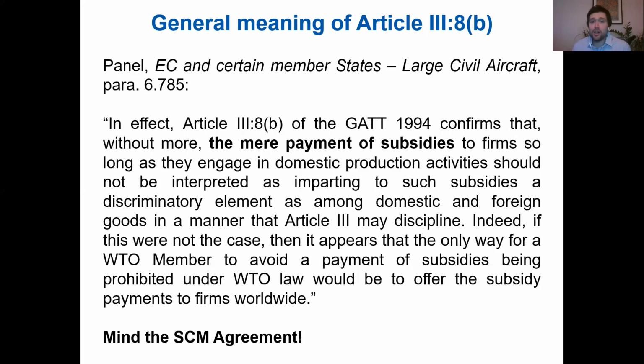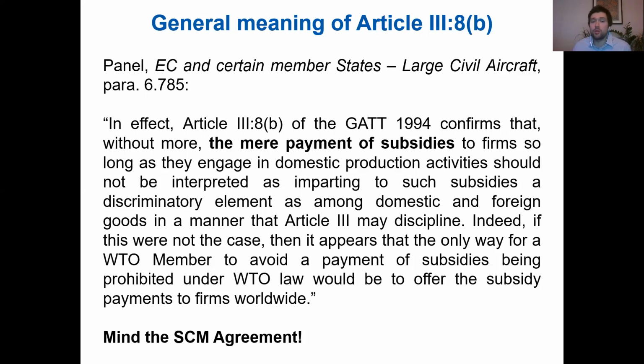In effect, Article 3.8(b) confirms that, without more, the mere payment of subsidies to firms so long as they engage in domestic production activities should not be interpreted as imparting to such subsidies a discriminatory element, as among domestic and foreign goods, in a manner that Article 3 may discipline.